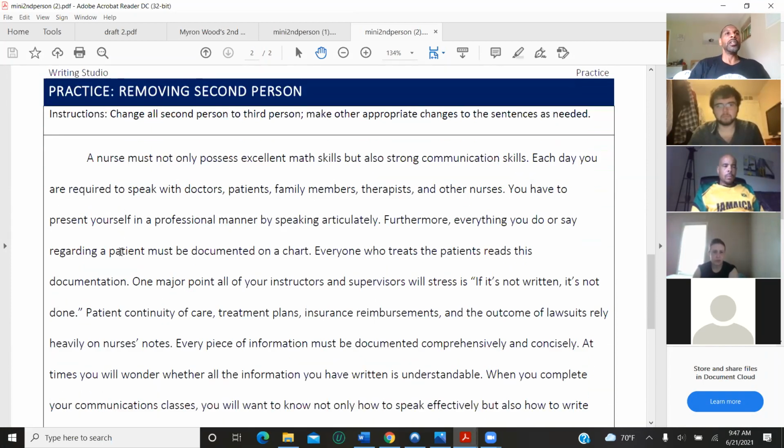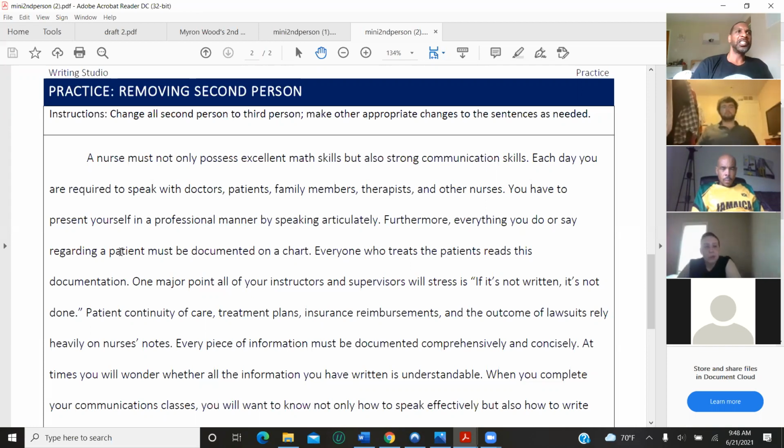"A nurse must not only possess excellent math skills, but also strong communication skills. Each day, you..." What should we say there? Instead of "each day you," there's several options to fix that.